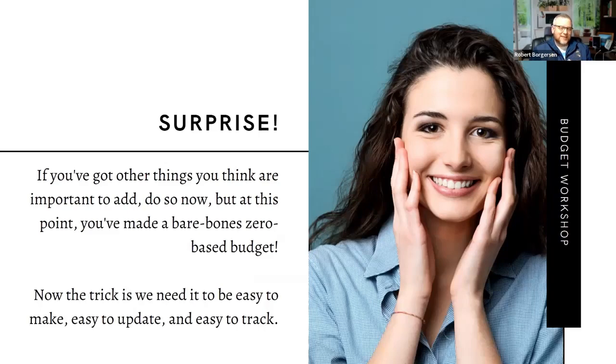Now, when I say bare bones, it's got to be a zero-based budget, which means you've got to eventually get to zero. So the goal is to finish off the last bit of the budget and put the money where you want it to go. Be conscious and intentional about where you want it to go. But you need to get everything to zero. So in the end, you're usually going to have an everything else account, and every month we have one of those, where that's the account that every leftover penny we have goes to.